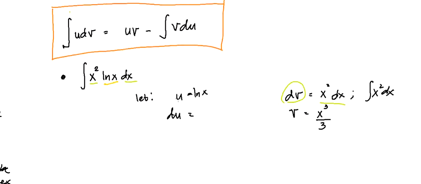When we take the derivative of this, we have du, and the derivative of ln of x is 1 over x dx.